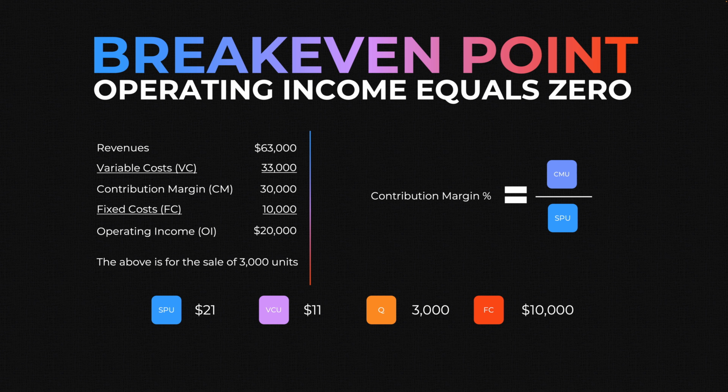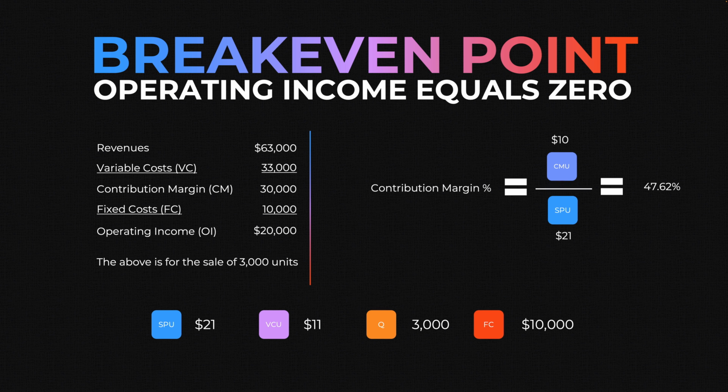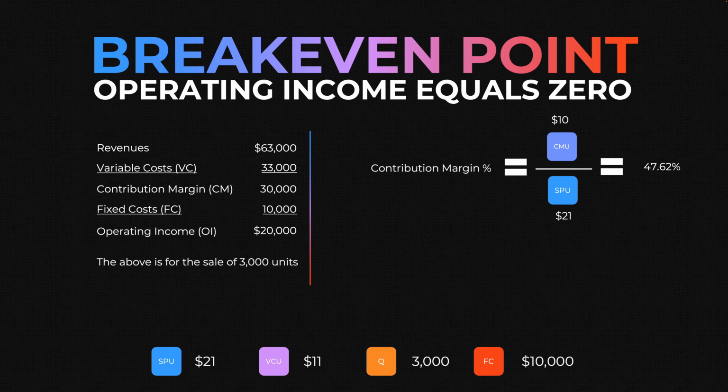If we put some numbers on this, the contribution margin per unit was $21 subtract 11, or $10 a unit, divided by $21 a unit, and this will equal about 47.62%.